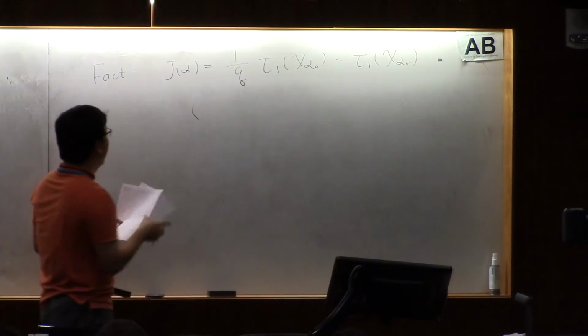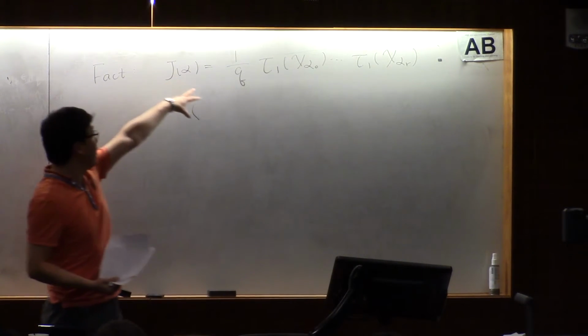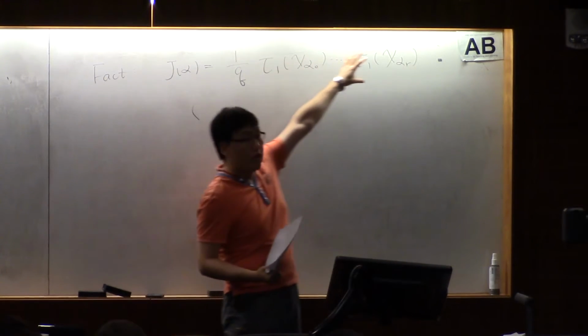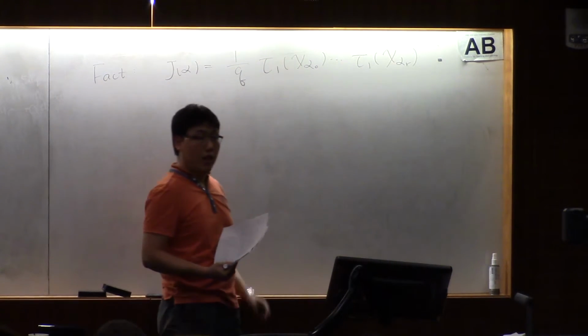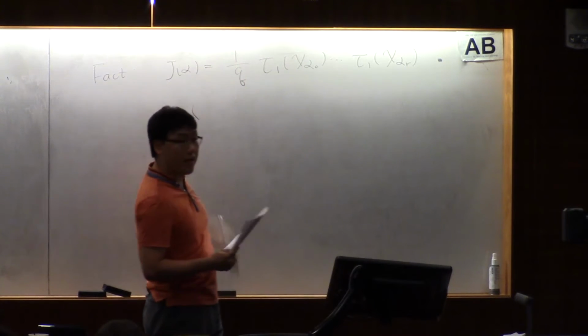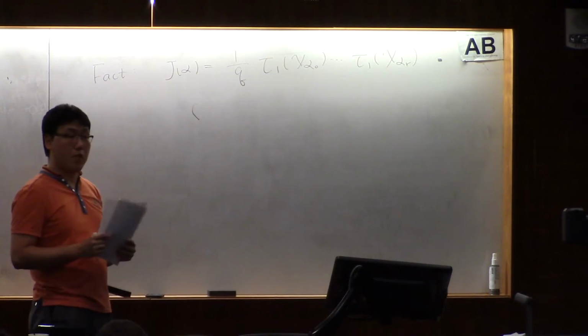So you can write this Jacobi sum as the product of some Gauss sums, then you divide by the cardinality q.